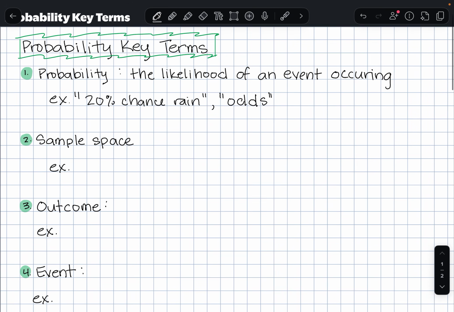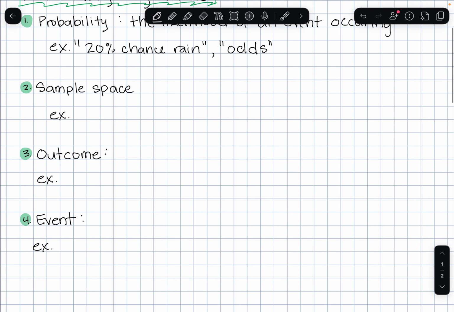In order to do that, we need to be able to discuss some things. First is sample space. A sample space is a list of all possible outcomes or results.